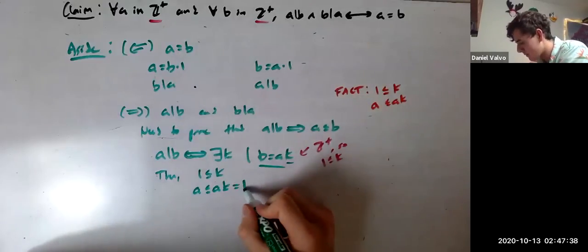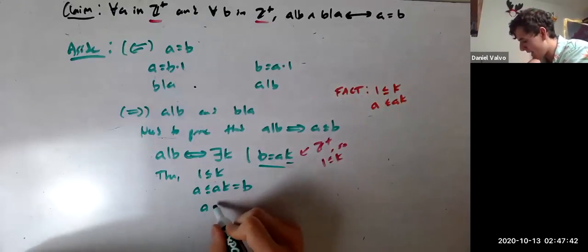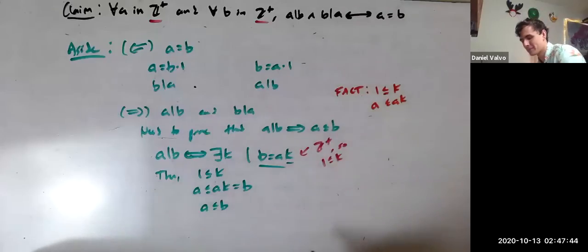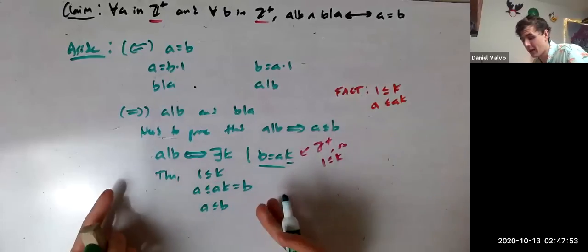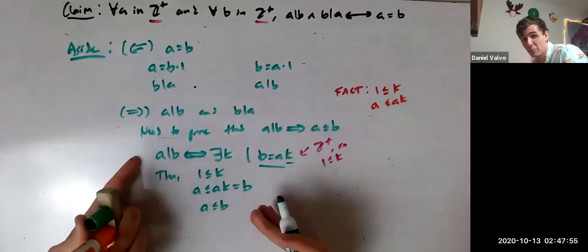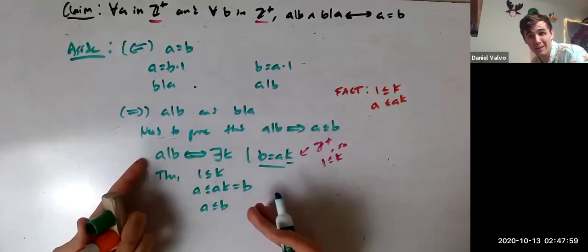B. So this means that A is less than or equal to B. And this makes sense, right? What we've basically just done is prove our intuition that if A divides B, the biggest A can be is B, because you can't divide B into groups of A if A is bigger than B.